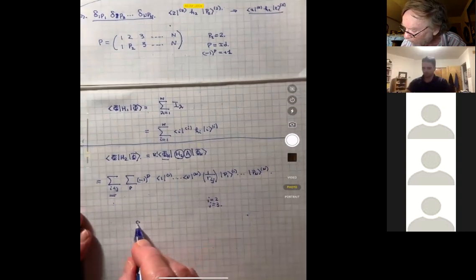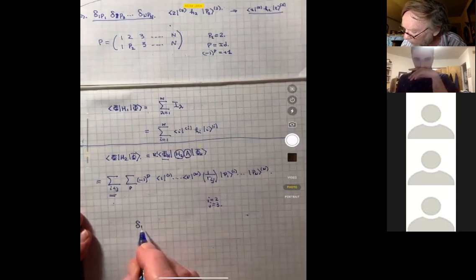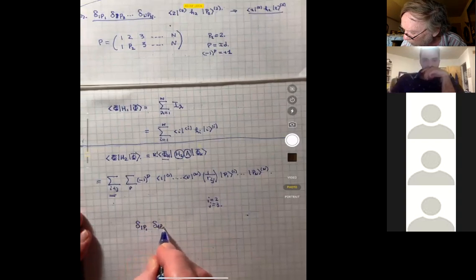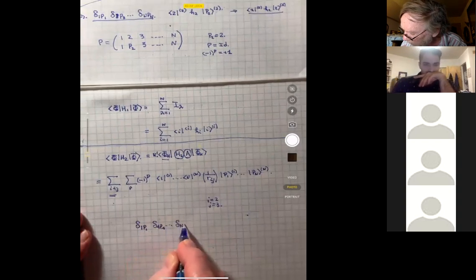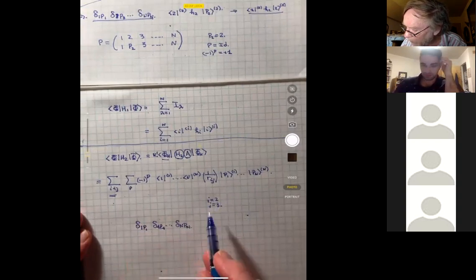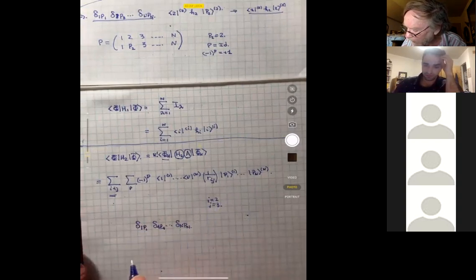So you're going to get Kronecker deltas that look like this. You'll get delta 1 P1, delta 4 P4, all the way out to delta n Pn. You won't get them for particles 2 and 3, but all the others you'll get these Kronecker deltas.